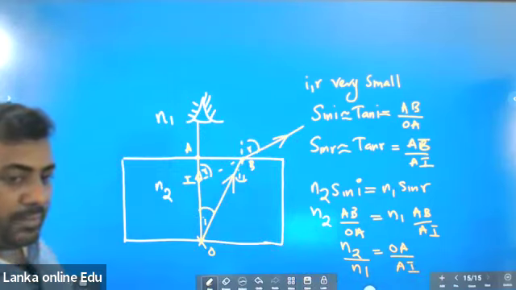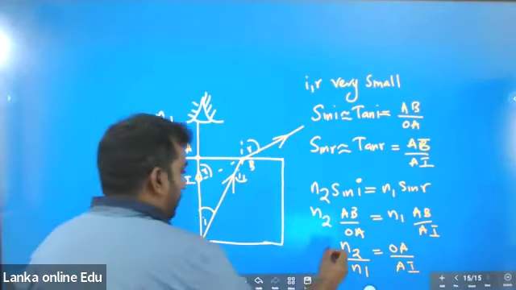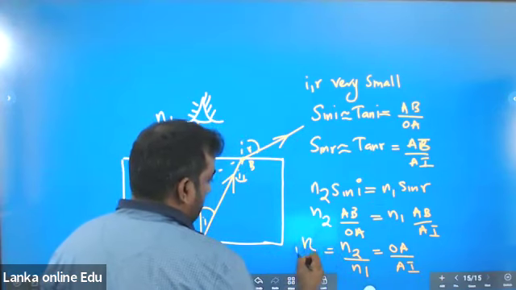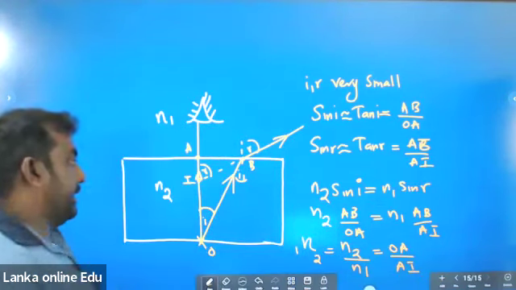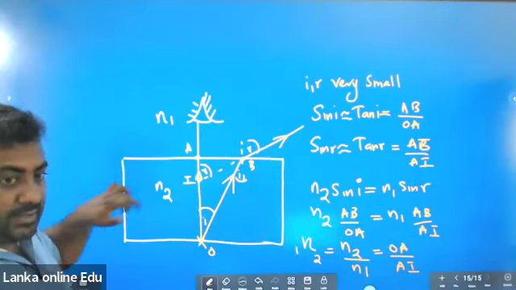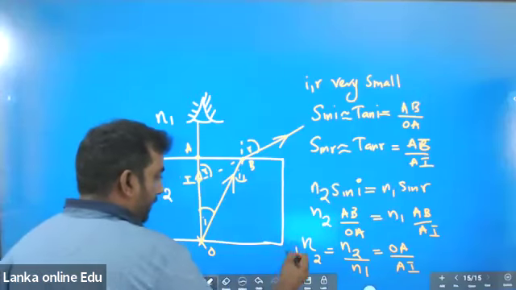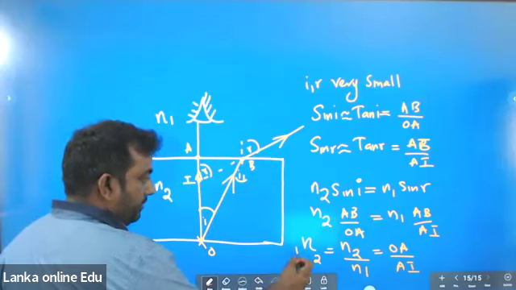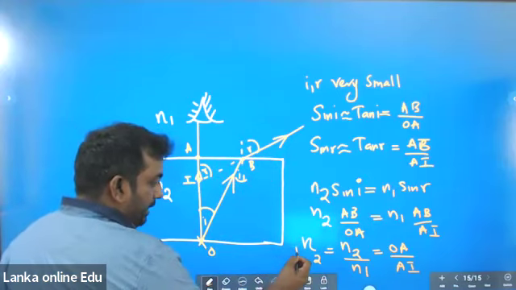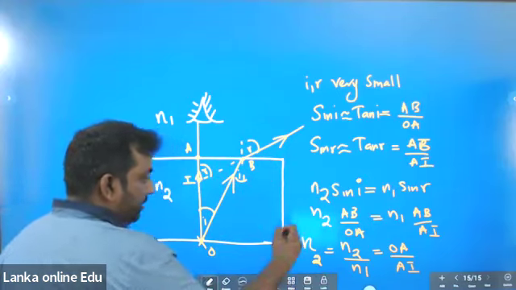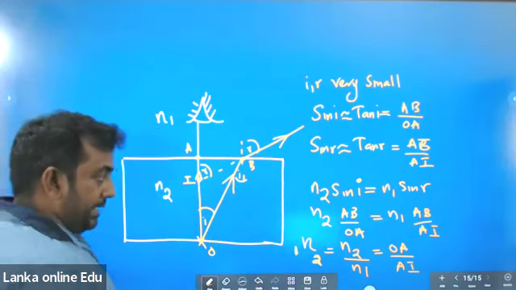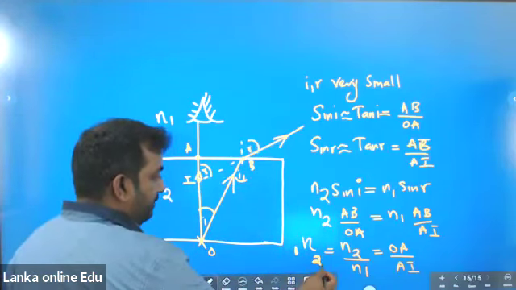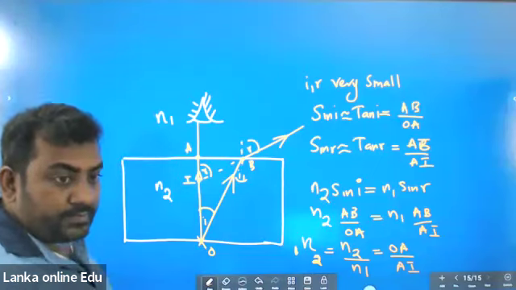Real depth over apparent depth. What is N2 over N1? Rarer with respect to denser. So it is a relative refractive index. Now light is going from 1 to 2, but here light is going from 2 to 1. So it is the refractive index of the denser medium with respect to the rarer medium.